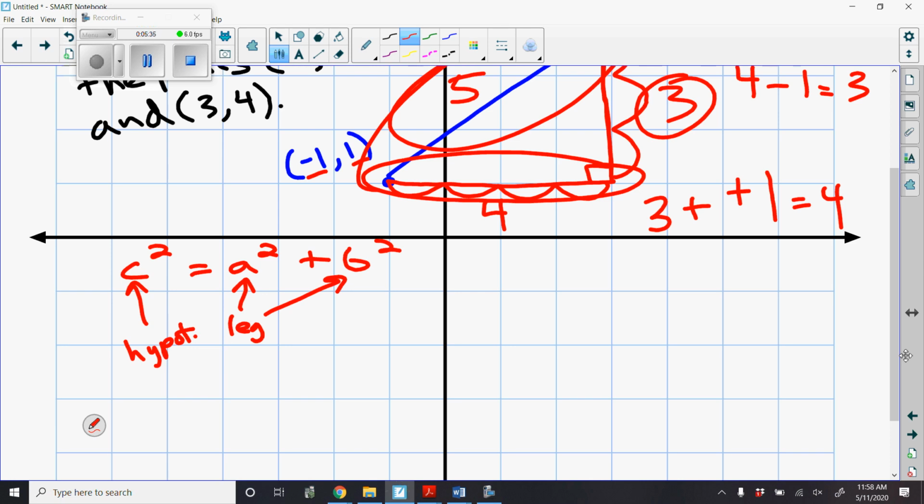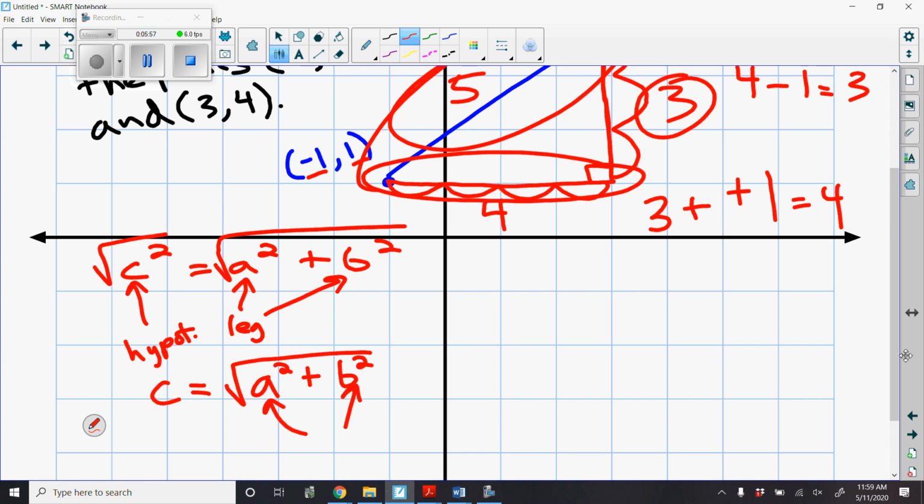So what I want to think about is if I just, instead of finding the hypotenuse squared, I just wanted C, right? How would I get rid of that? Well, I do the square root on both sides. Again, how am I going to come up with this A and this B? Well, I'm going to get them by subtracting the x's.